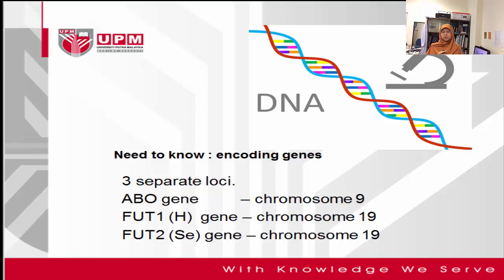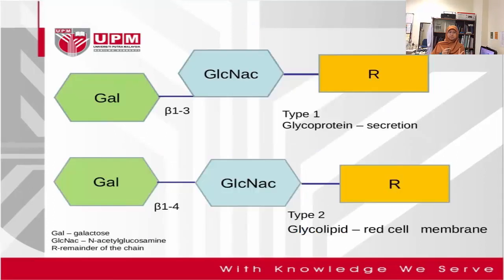These genes encode transferase enzymes that add a specific sugar to the oligosaccharide precursor chain. There are two basic types of oligosaccharide precursor chain on which ABH antigens are built: type 1 and type 2.